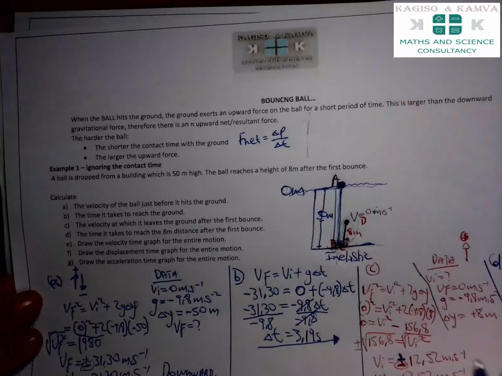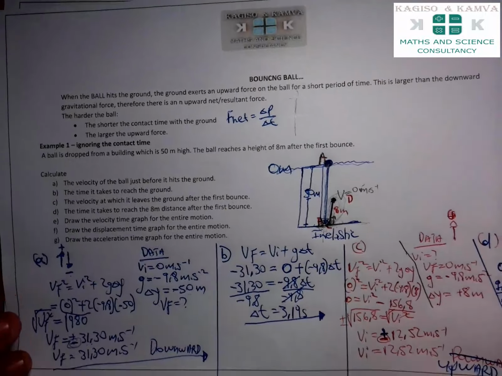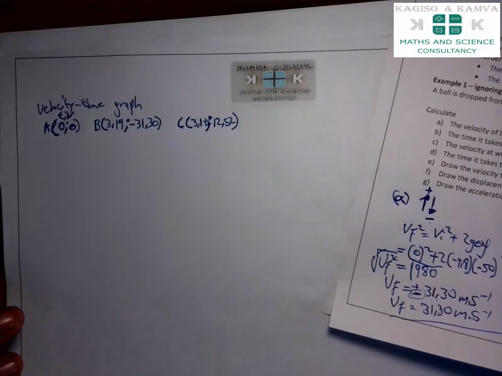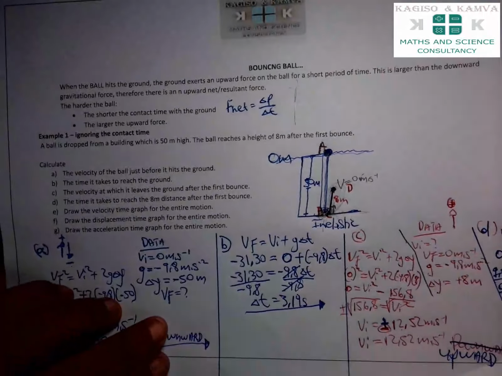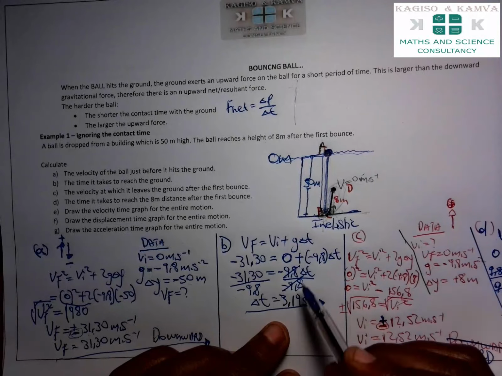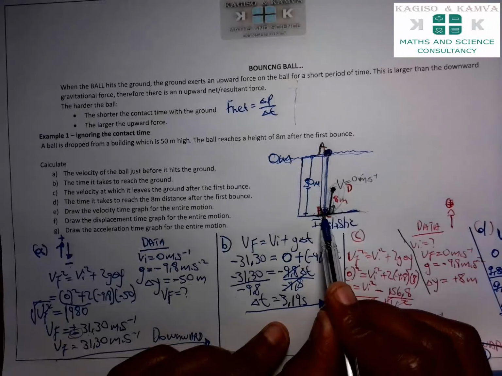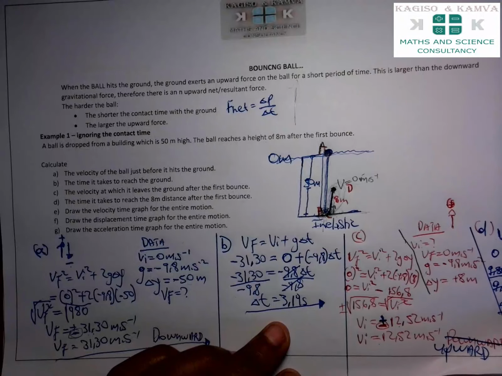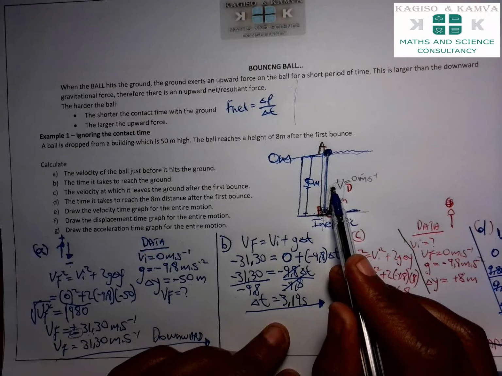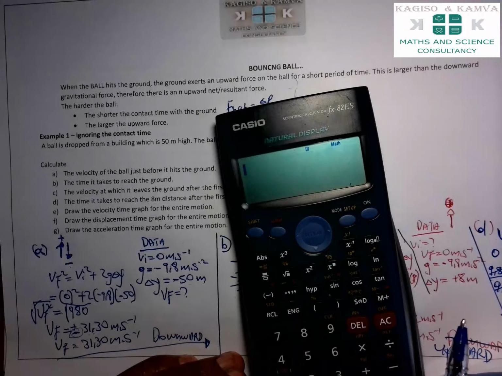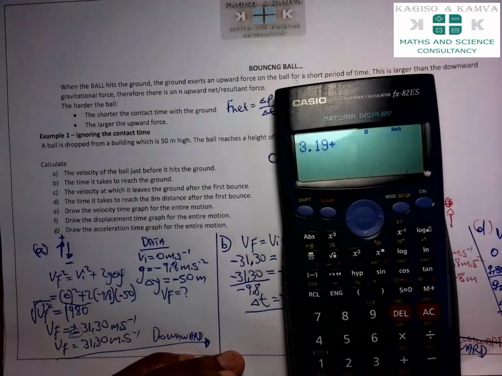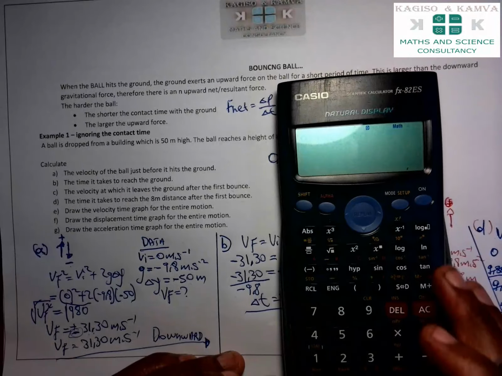And then at D there, the maximum height. What is the time at that point? The time will be this time, because this 3,19 is the time from there to here, plus 1,28 seconds. So that will be 3,19 plus 1,28.